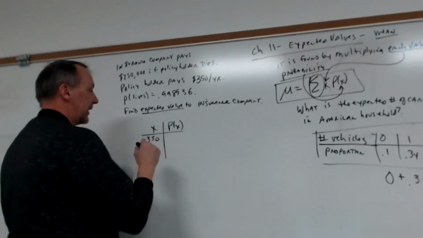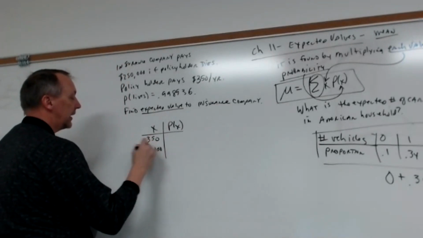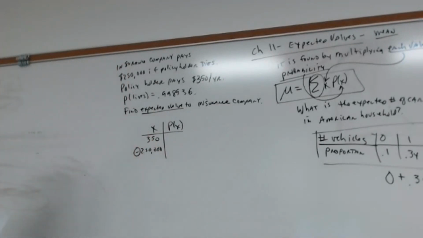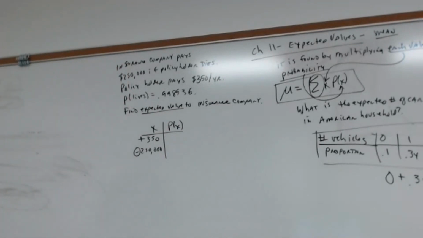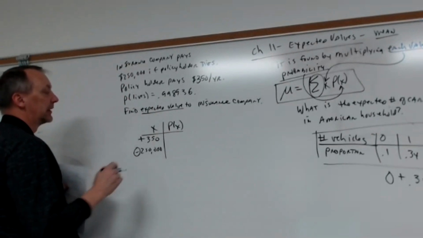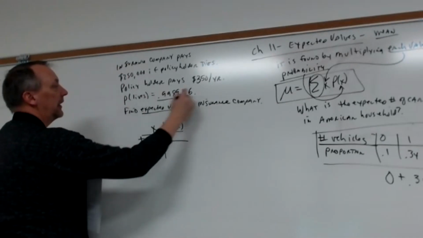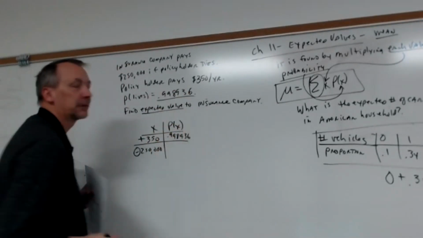They're going to pay out, I think there's a typo on my notes. This should say $250,000, and it's going to be negative because they're paying it out. So this is positive, that's going to be negative. Let's just go with the 250,000. Now the probability that he lives is this value here, 0.998936.